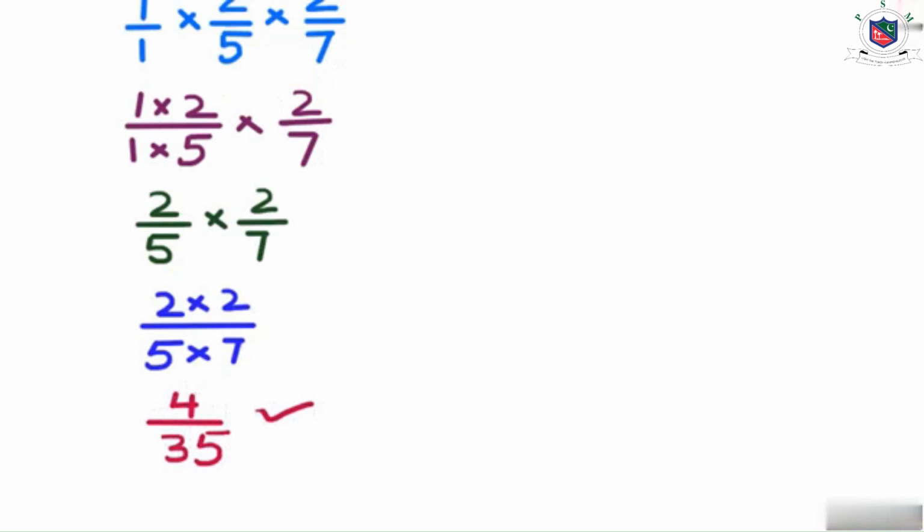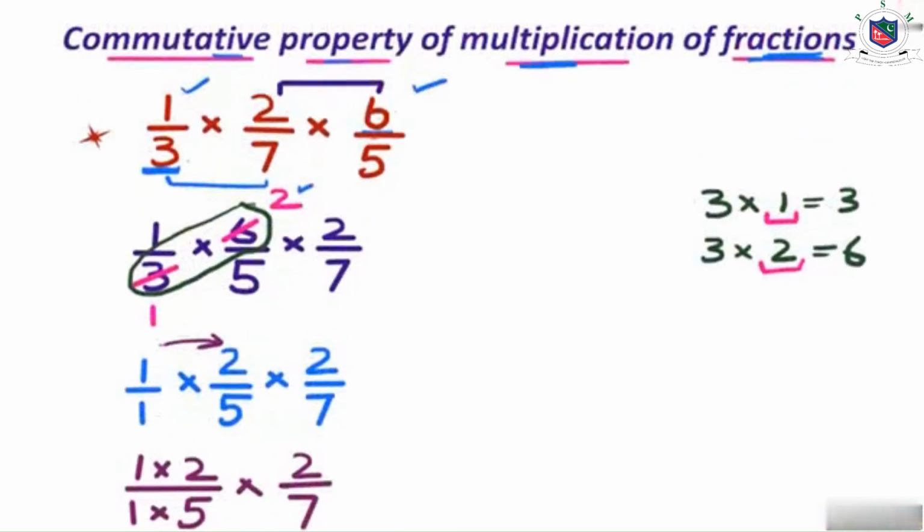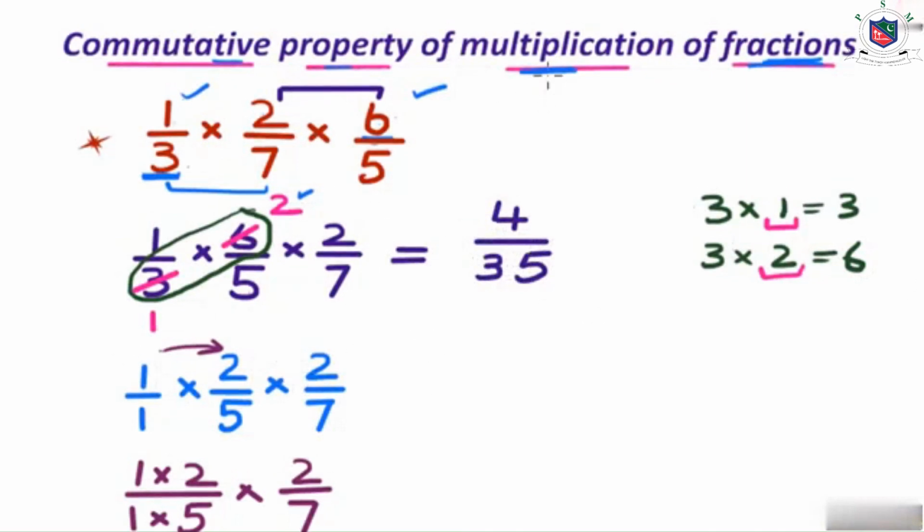Dear students, did you see that if we have more than 2 fractions, we can still exchange the place of the fractions and multiply easily? Here, when we multiplied 1 upon 3 by 6 upon 5 by 2 upon 7, what did we get?